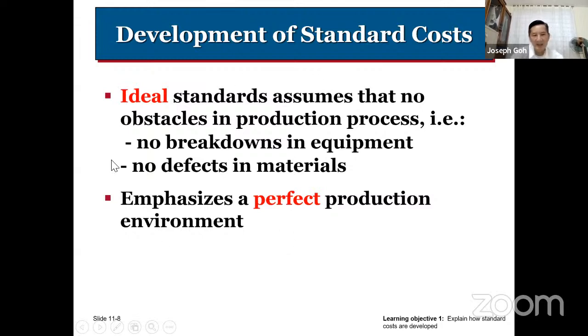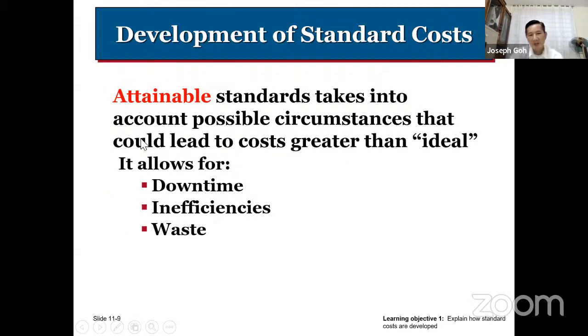Any standard we set for any company, there is no such thing as an ideal standard. There's no perfect condition. Attainable standards take into account possible circumstances that could lead to cost greater than ideal. It allows for downtime, inefficiencies, and wastage. So what it means is that ideal standard is something not achievable, not possible.